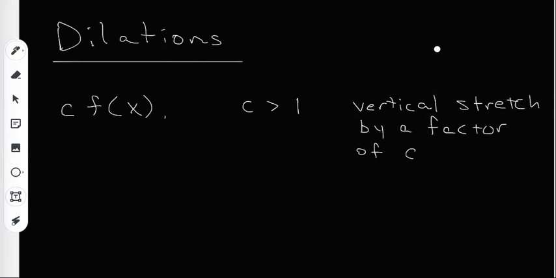So if I was to multiply on the outside by, let's say, 2, 2 is definitely greater than 1. So I would be taking that entire function and vertically stretching it by a factor of 2.